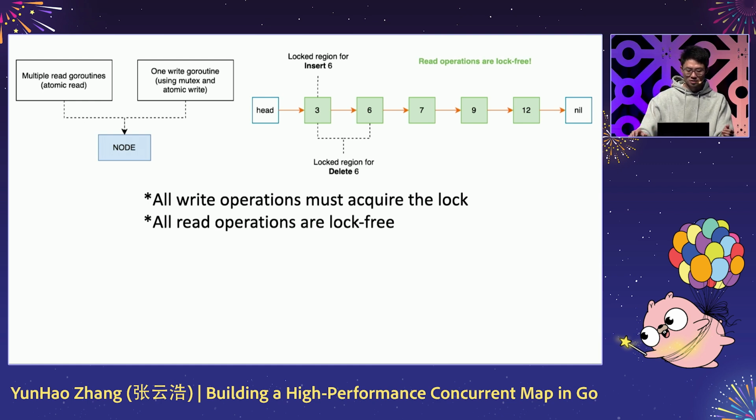For deletion, we need to acquire the lock of the node being deleted and its preceding node's lock. For read operations, such as load and range, we don't need to acquire locks at all. We can directly use atomic read, which means our read operations are lock-free.